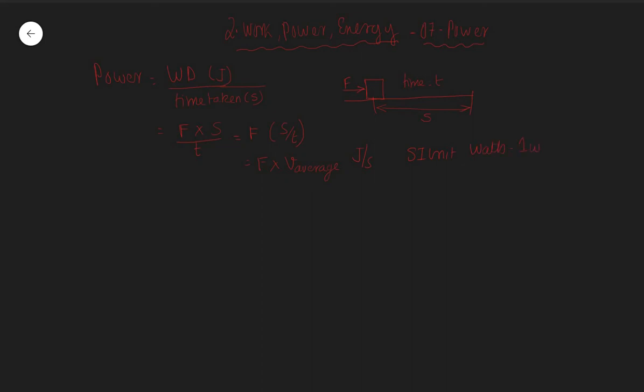So 1 watt is 1 joule per second, right? So this is important. The alternate unit for power is horsepower. 1 horsepower is 746 watts.